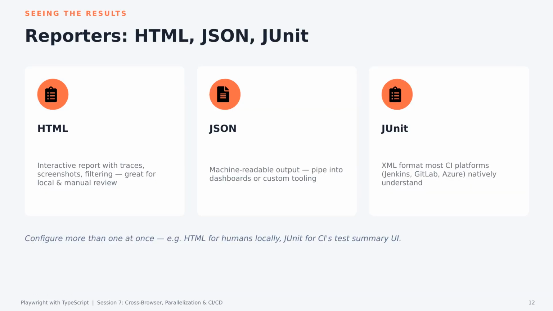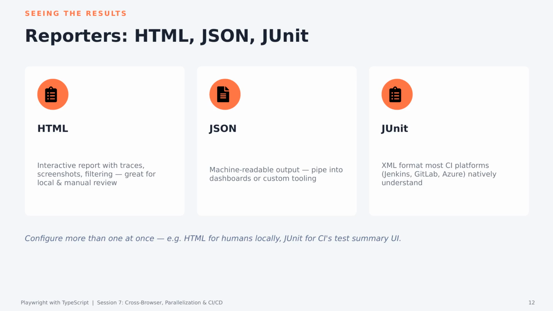Let's talk about how you actually see your results. 3 main reporter formats. HTML, an interactive report with traces, screenshots, and filtering built in. Genuinely great for local and manual review by an actual human. JSON, machine readable output, which you can pipe into dashboards or your own custom tooling.